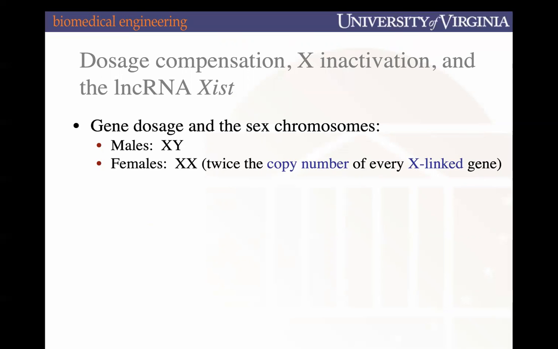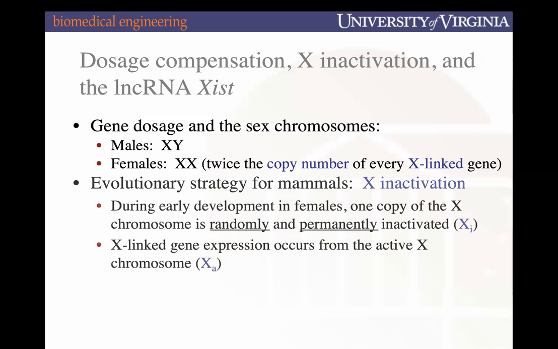Copy number just means the number of transcripts elicited from the number of copies you have of that chromosome, and X-linked genes are genes on the X chromosome. There needs to be a compensatory mechanism so that there's not always twice the copy number simply because a person has two X chromosomes.